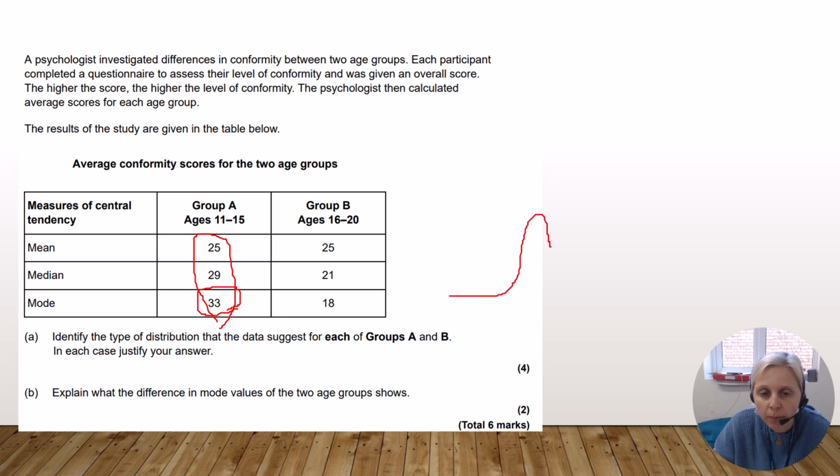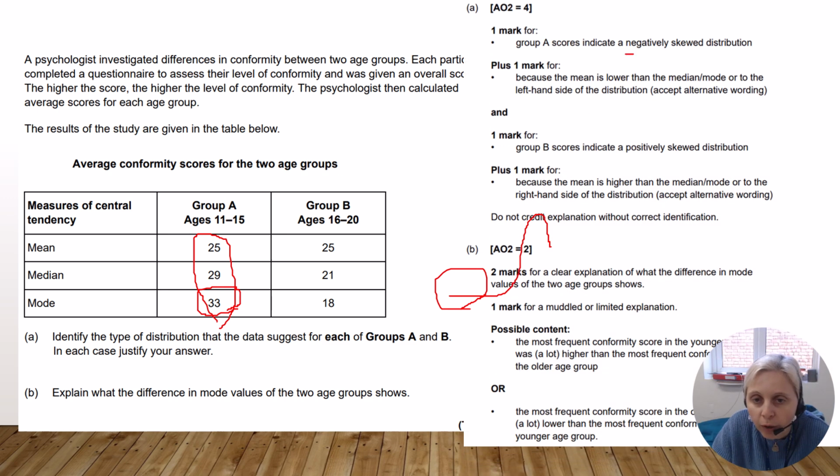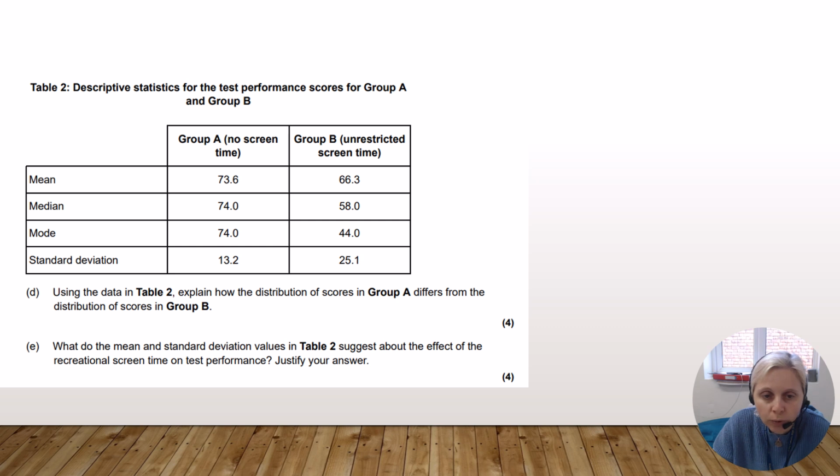Okay, so we've remembered here that this is a minus, and therefore that would be a negative skew for group A. Whereas in the other one, we've got the opposite. So when we look at the results, we've got a negative skew for A, and we've got a positive skew for B. Just another reminder is, if you have scores like this, very, very similar, even if this is slightly lower, we would consider this a normal distribution.